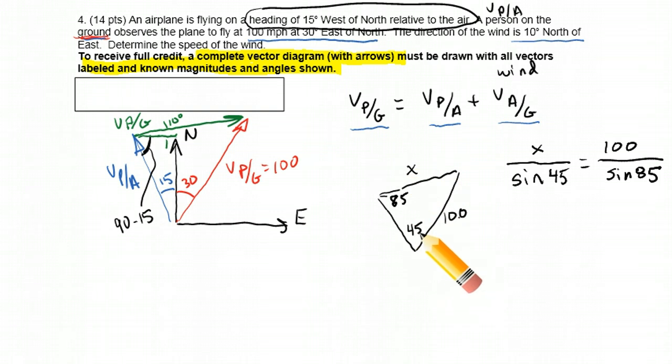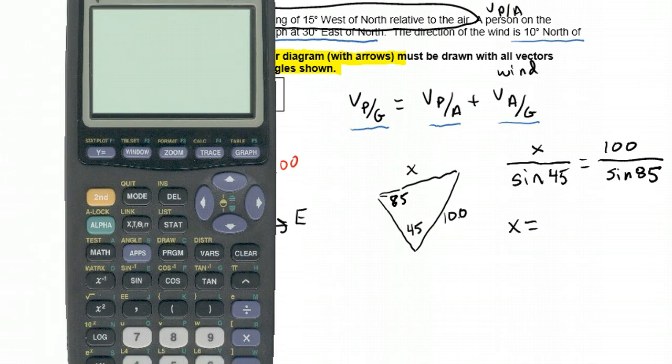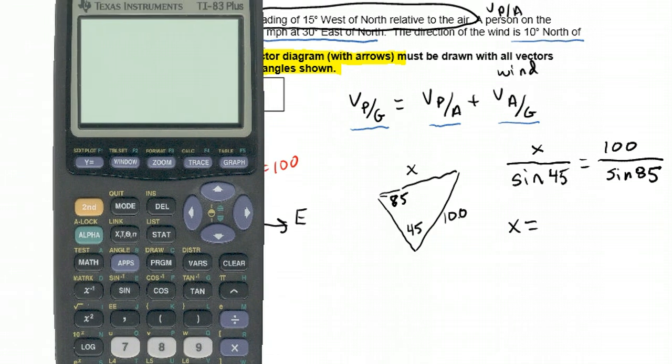Writing it out this way and taking the time to find the quickest way to the solution helped us out a lot, gave us a very easy equation to solve. So we will have 100 divided by sine of 85 times sine 45.